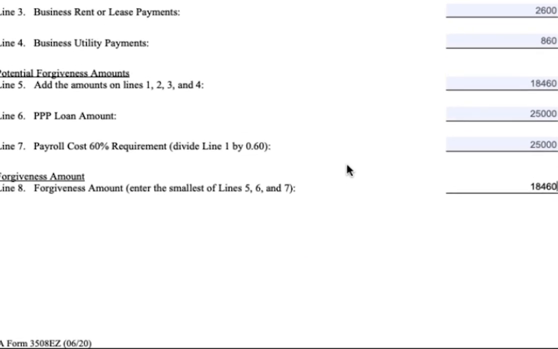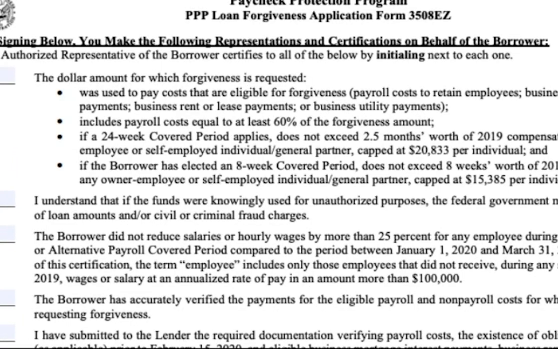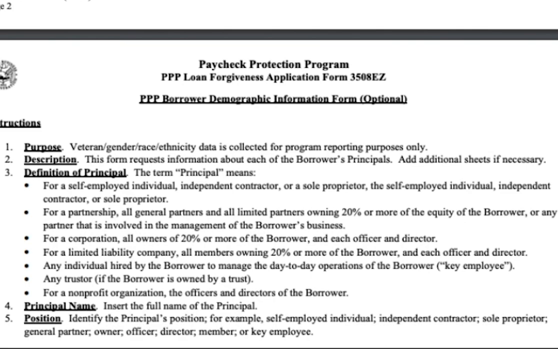Now, this next field is basically asking you, are you lying on any of the information you provided? And if you are lying, they will prosecute you. Okay? So that's basically what it's saying. So you want to read it through and initial all the fields, and then sign and date it.